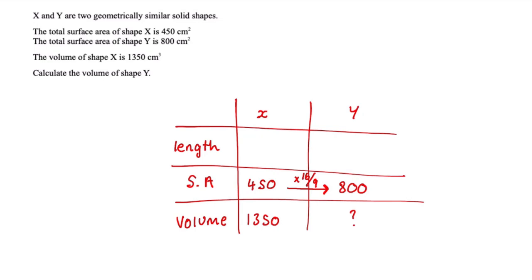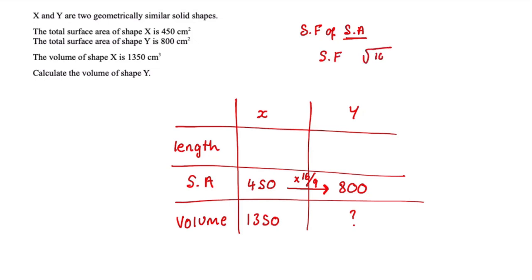Now, if we know the scale factor of surface area, we can work out what the true scale factor is. To get the scale factor of surface area, you square your answer. So to get the normal scale factor, you have to square root the scale factor of surface area.